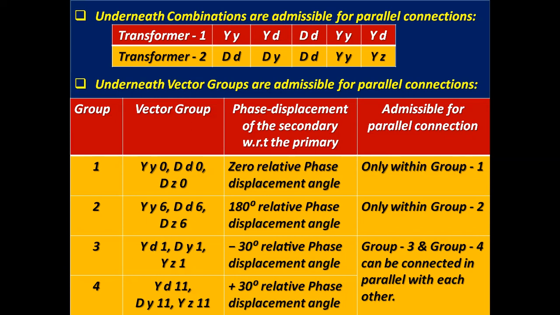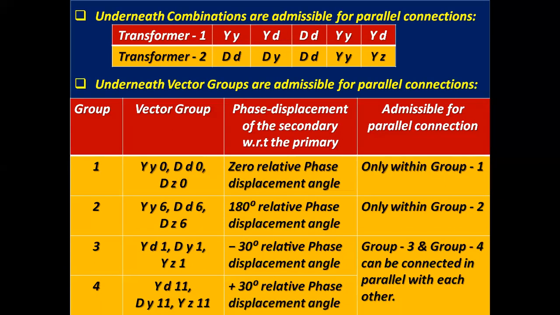Number 3, star delta 1, delta star 1, star Z, that is zigzag 1. Phase displacement of the secondary with respect to the primary, that is minus 30-degree relative phase displacement angle.